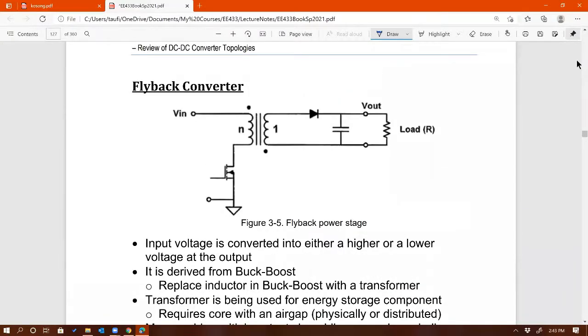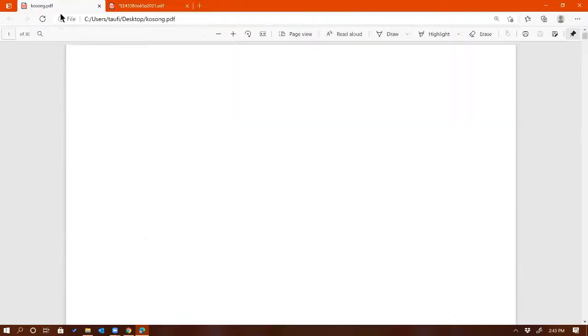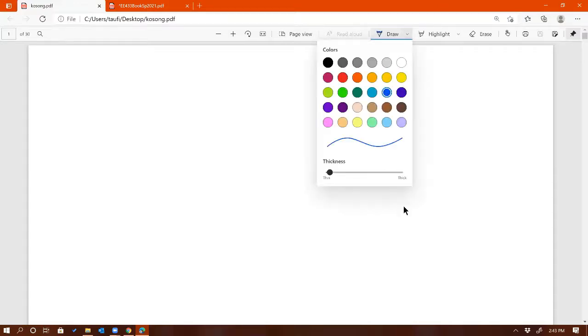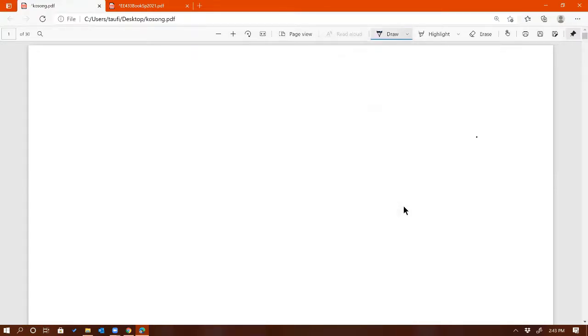Now we go into the isolated topologies. The flyback is derived from the buck-boost converter. So if I draw a buck-boost converter like this, that's a buck-boost.